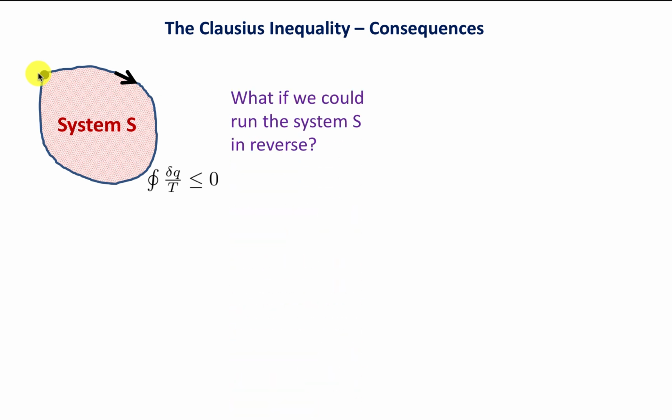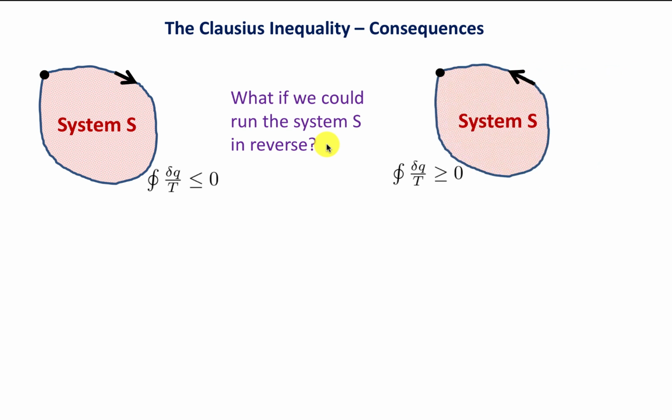What if this is a reversible system? If it's a reversible system, then we can, if we want, run that system in reverse, the other way around. Now, the other way around means that all the heat arrows are turned the other way. So, delta Q1 becomes minus delta Q1, delta W1 becomes minus delta W1, etc. And so, what we find in running the system backwards is that this quantity here has to be greater than or equal to 0.